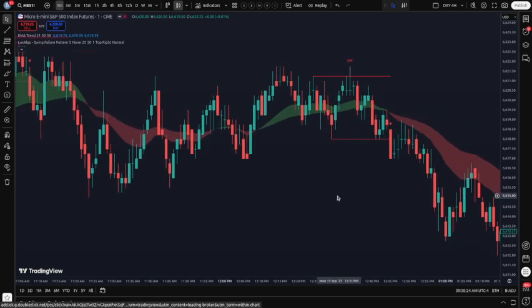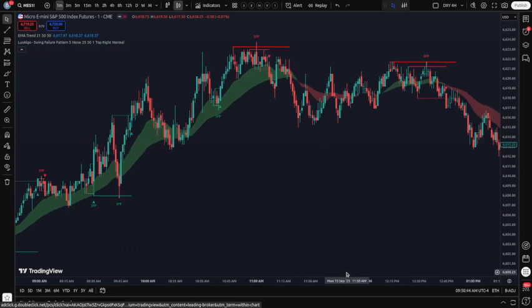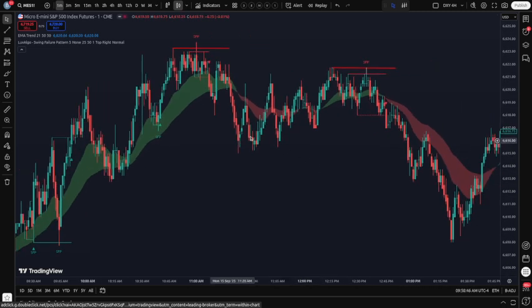Here's an interesting one. So you get the swing failure here. But are you going to take it? Because this move is above the moving average. I mean, you can say this is a big bear flag.